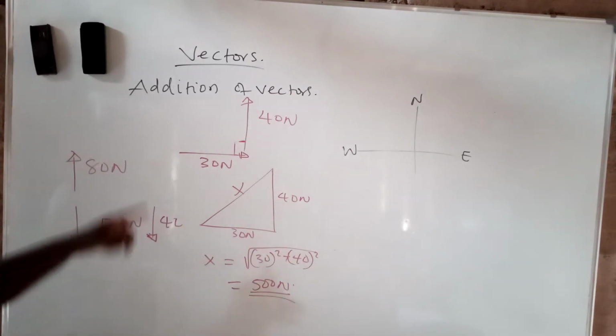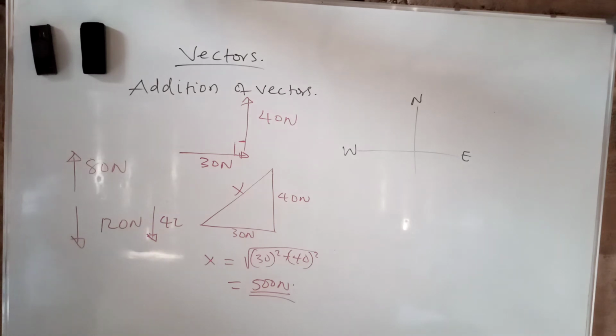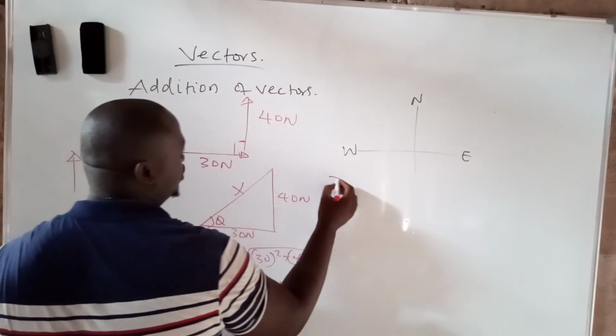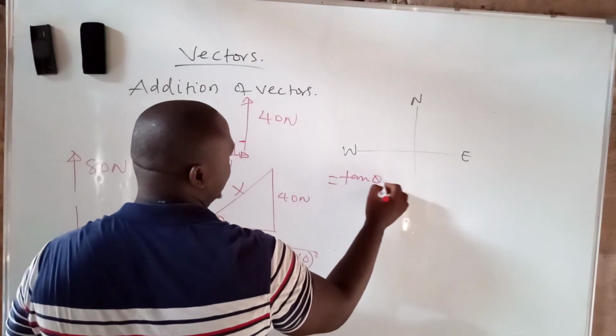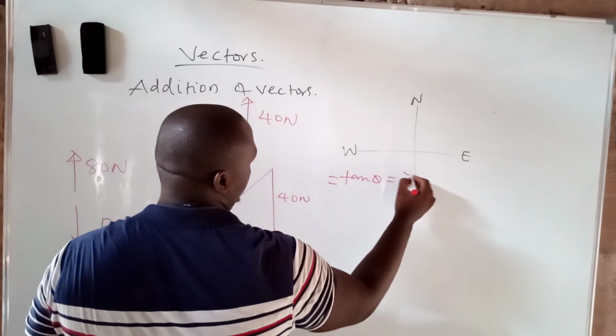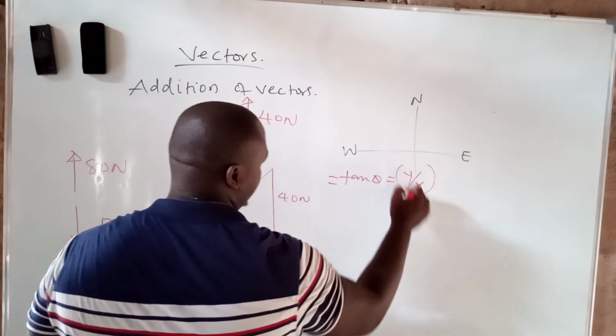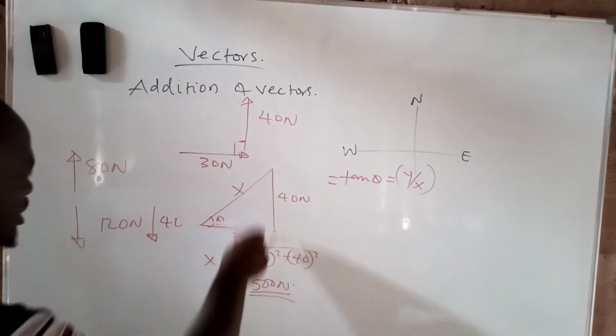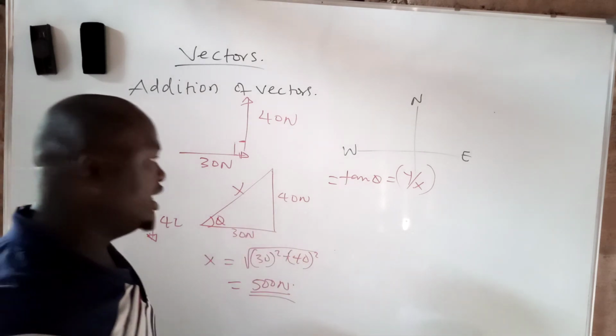So be careful when they give you vectors that are moving in opposite sides, or perpendicular to each other. And anybody can ask you, what is the angle between these vectors? If they want you to find this angle, tan theta is y all over x. And of course, this is going towards the y, this is the x direction.